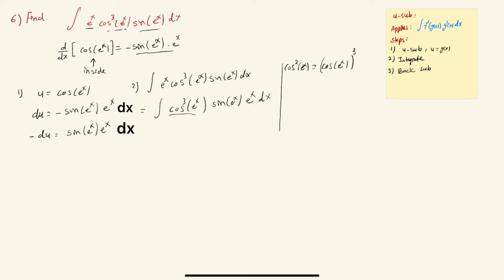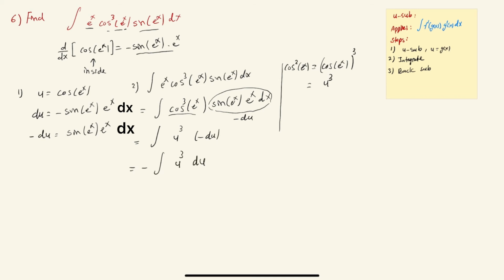From step number 1, u is equal to cosine of e to the x, so that's going to be equal to u cubed. What's left of the integral is just minus du. Therefore, this integral is going to be equal to u cubed and then minus du.